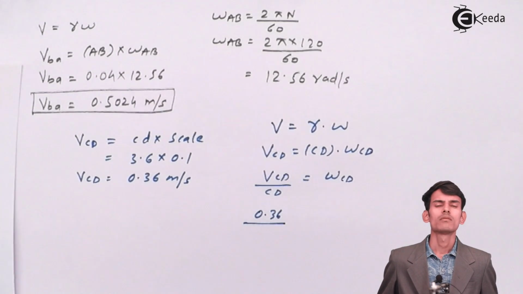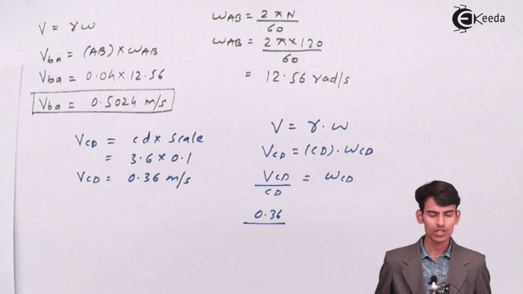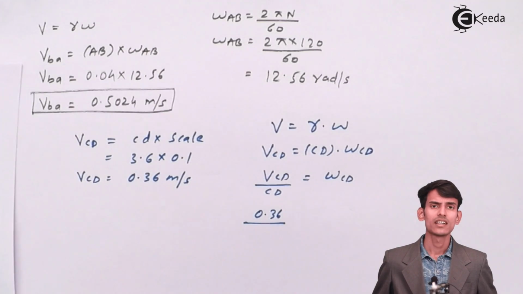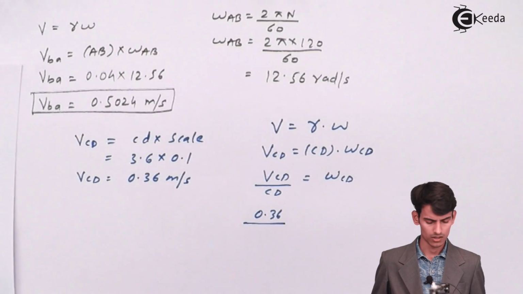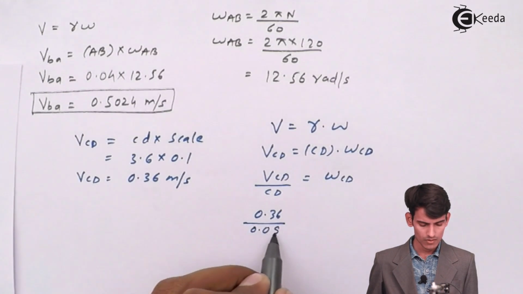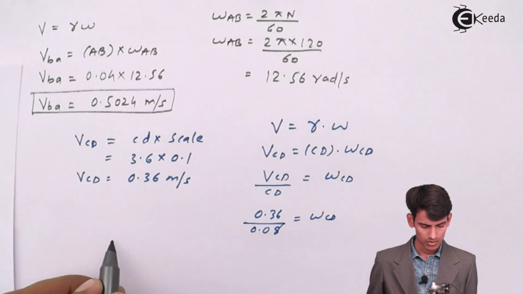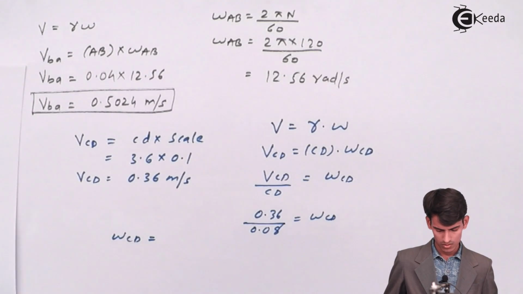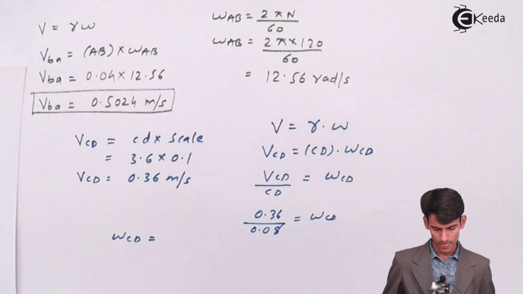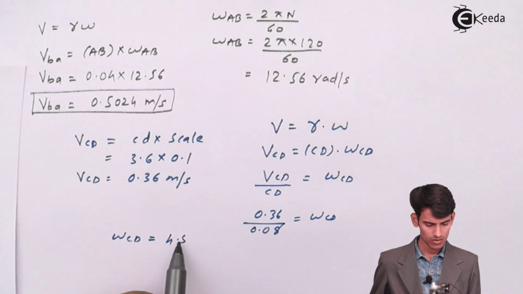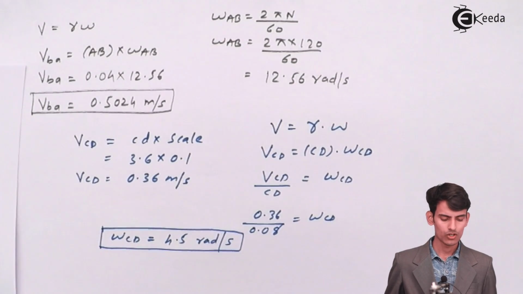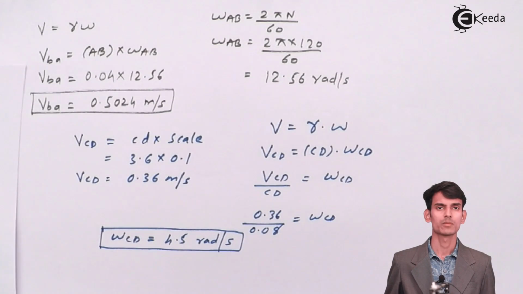Now CD has to be taken in meters, because velocity of C with respect to D is in meters per second. So the value of CD is given as 80 mm. So 80 divided by 1000 is 0.08. So the value of omega of CD comes out to 4.5 radians per second.